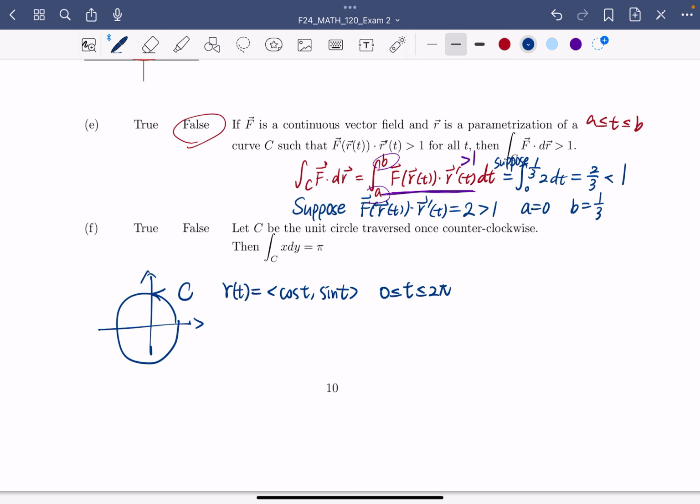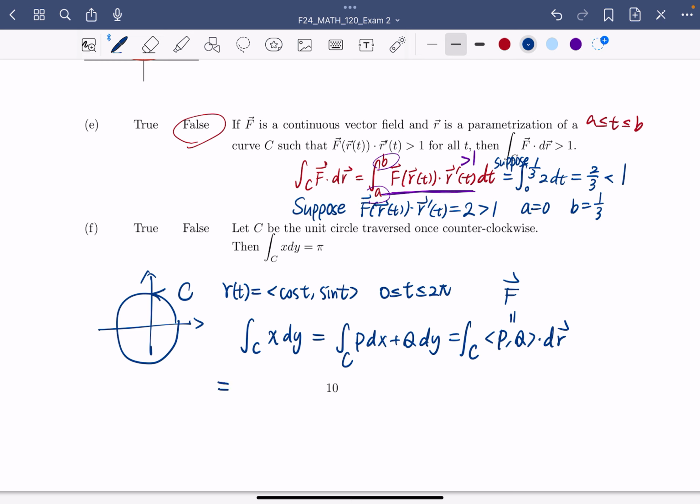And this integral of x dy over C is the shorthand notation for the vector line integral, say P dx plus Q dy over C equals the integral of (P, Q), so this is our vector F dot dr.